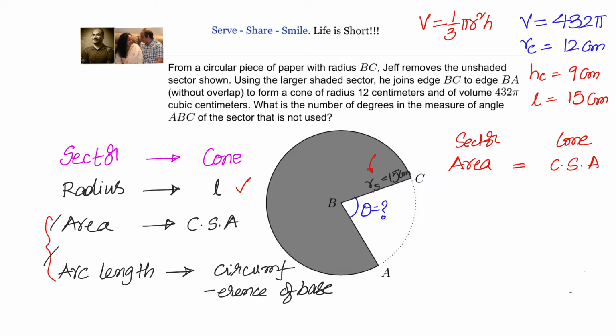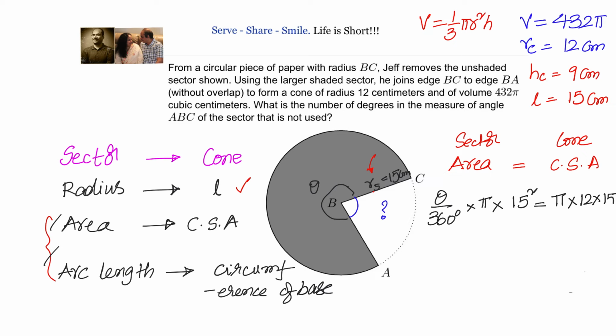What is the formula for sector area? It equals theta by 360, where theta is this whole angle of the sector, not the other angle, otherwise you will get confused. Theta by 360 into pi r square, where theta is in degrees. Just now we got the radius is 15, so 15 square equals pi into radius of cone 12 into L, the slant height.